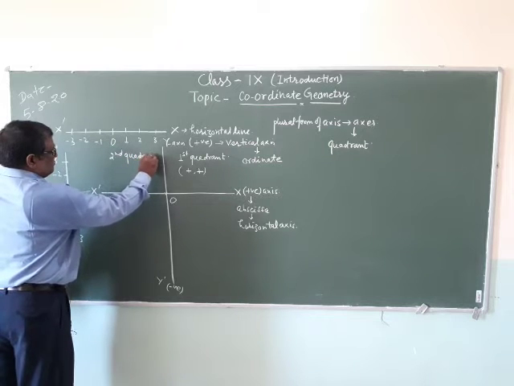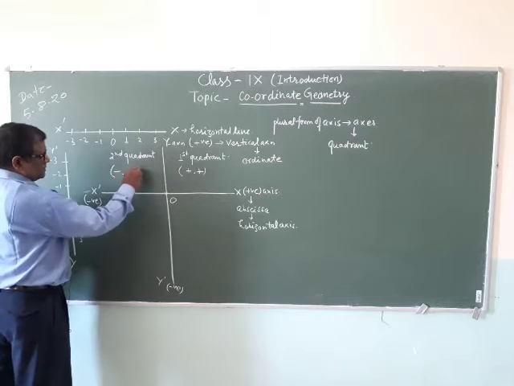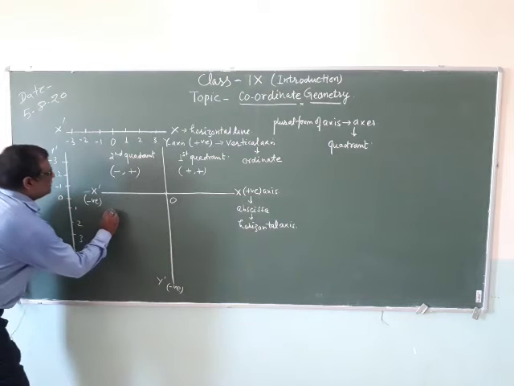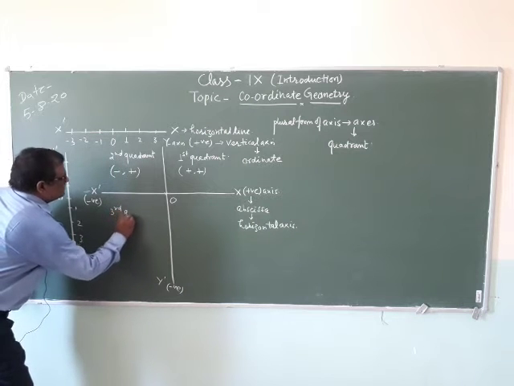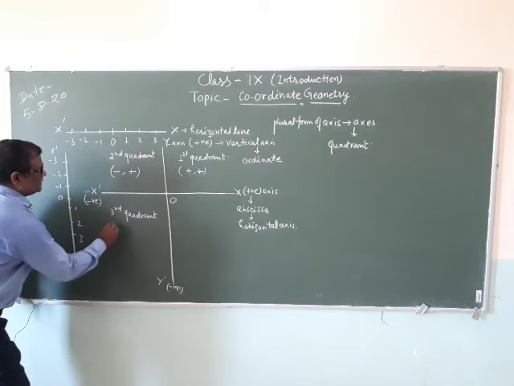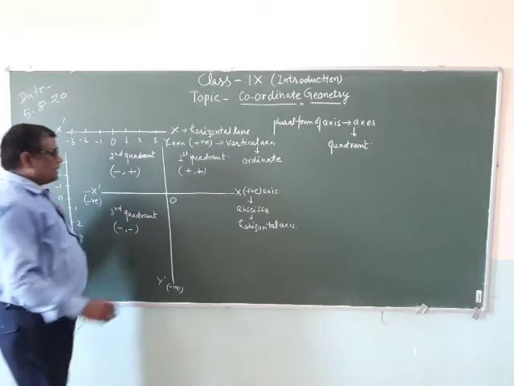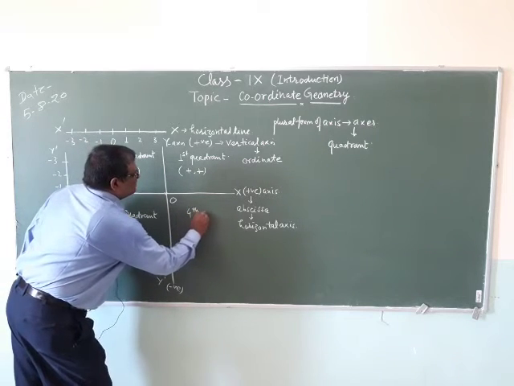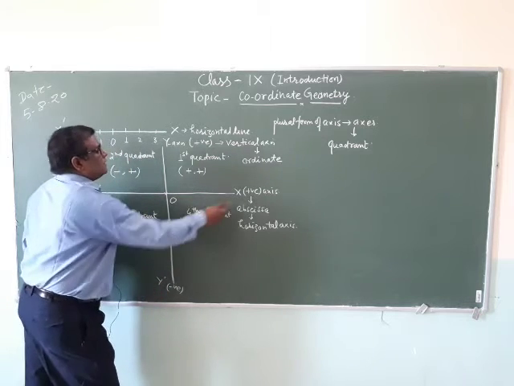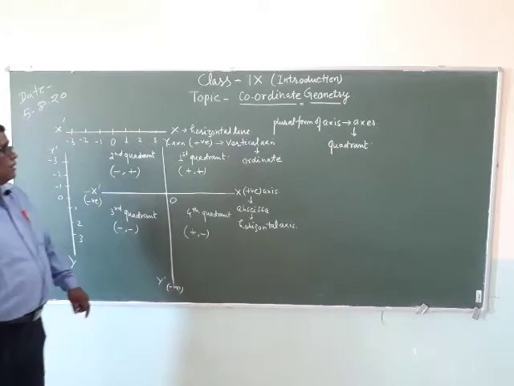Now here x is minus, y is minus, so this one is the third quadrant, where both are negative, and in the fourth quadrant x is positive and y is negative.